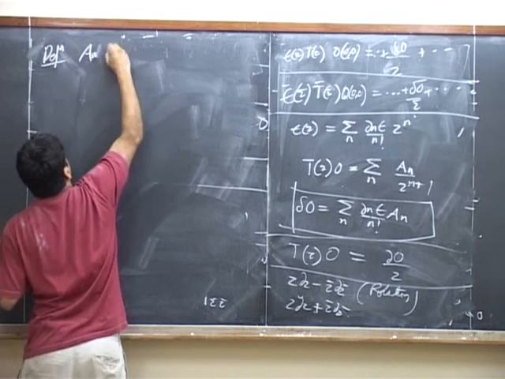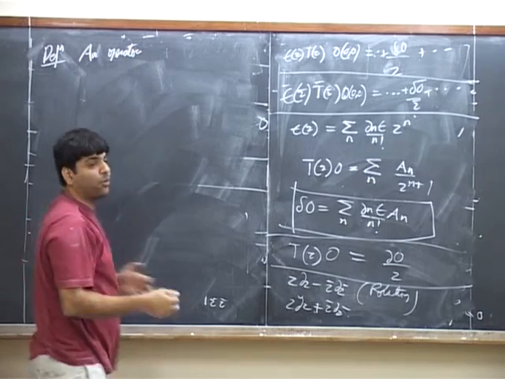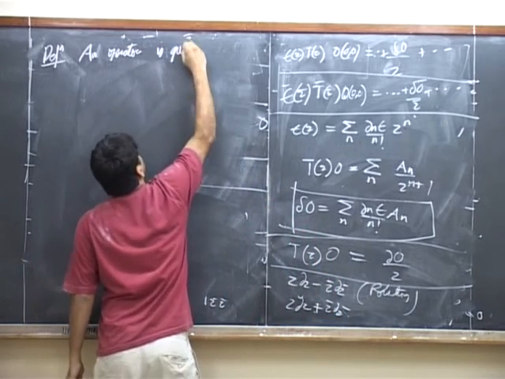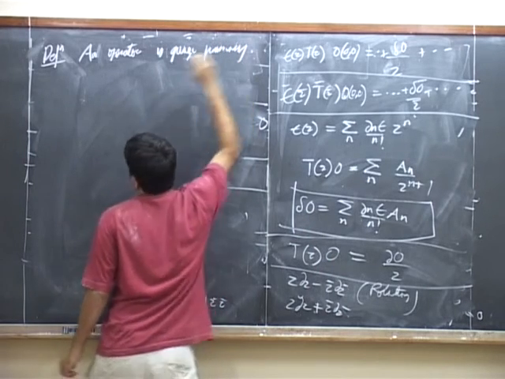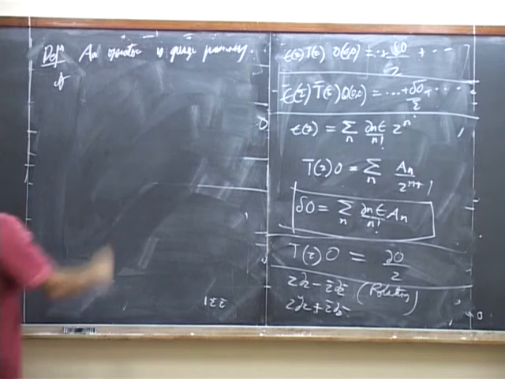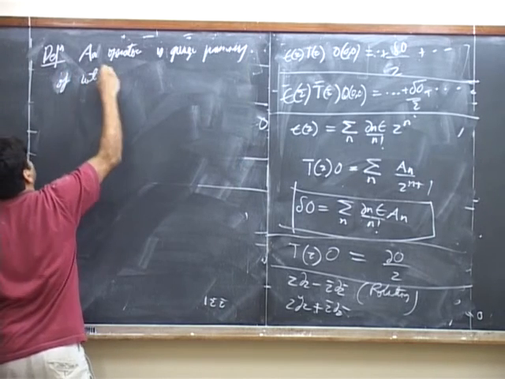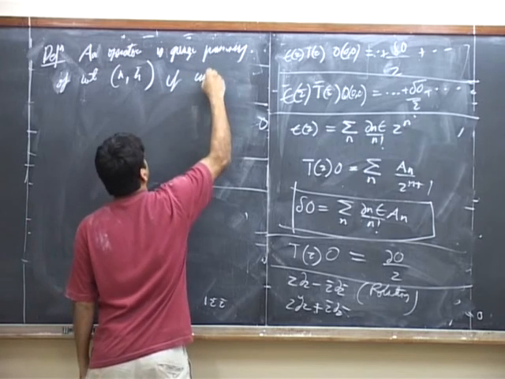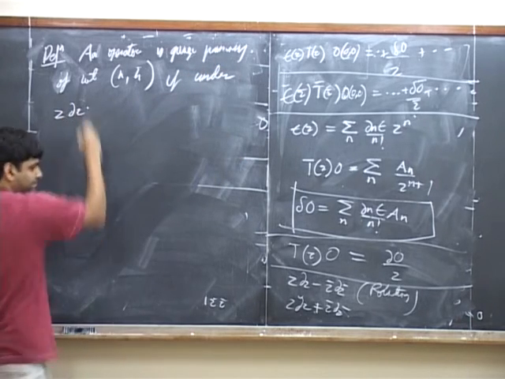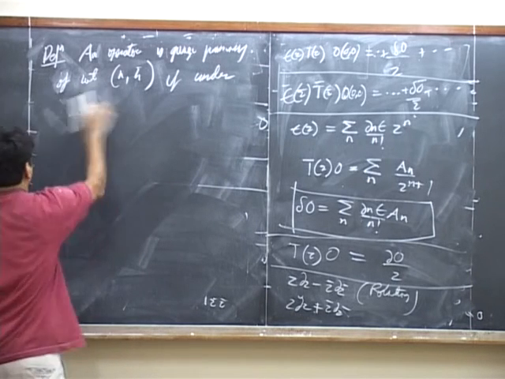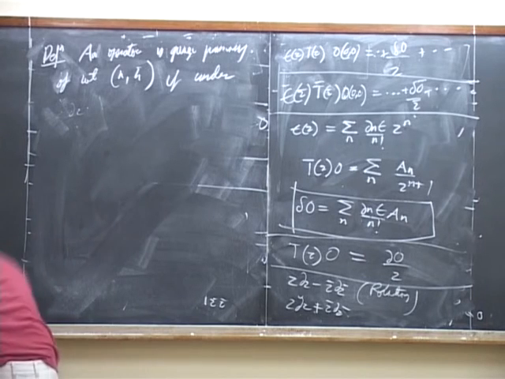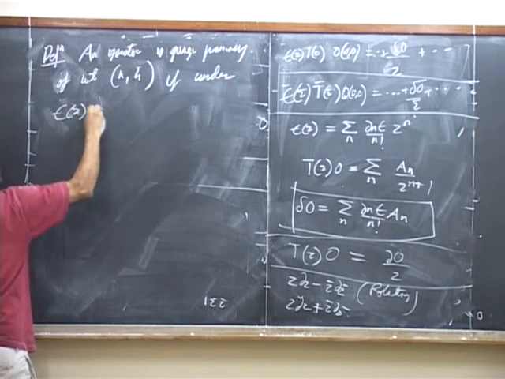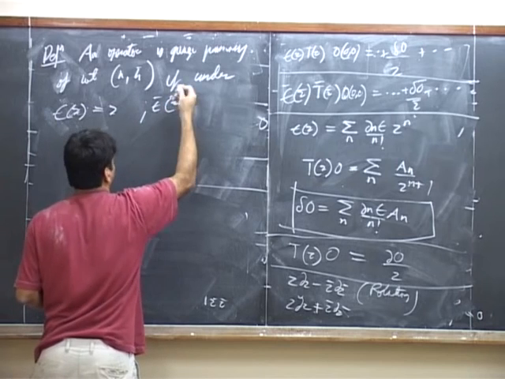An operator is said to be quasi-primary of definite weight under scale transformations and spin, if its transformation of weight h, h bar, if under z dz, by z dz I mean the transformation epsilon z equals z, epsilon bar z bar.